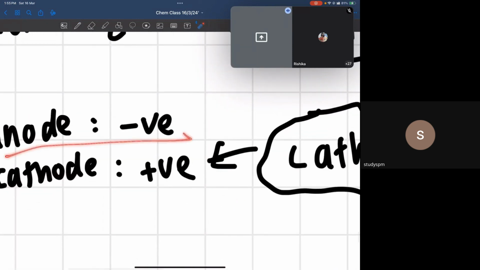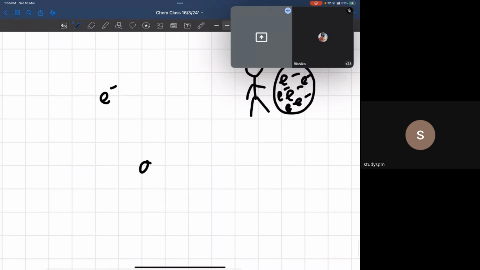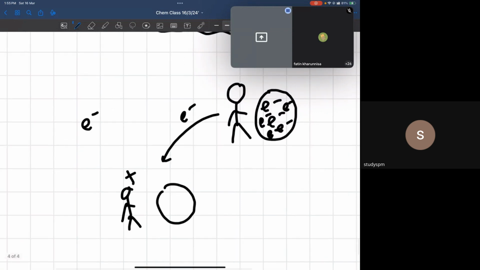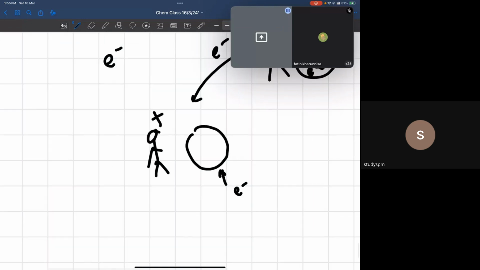So this one, yeah. Cathode has fewer electrons. It is the opposite. Okay, this is the cathode's stickman. He wants to fill his bag with electrons. But he has, for example, not even one. So he asks from here. If not negative, what else? Negative, positive only, right, in this world. So, if not negative, it is definitely positive. Right? So, positive. He is indeed positive before he accepts the electrons from this anode guy. Since he has not even one negative, he is positive. That's why this one is the positive terminal.